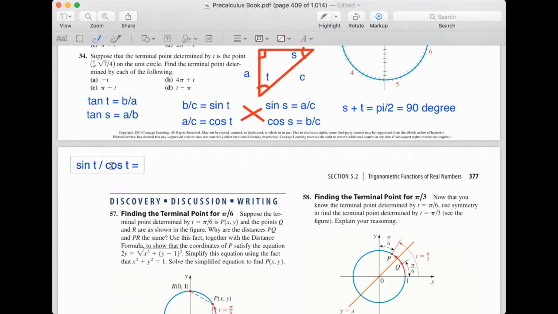Sine t is b over c, divided by cosine t, which is a over c. How do we divide two fractions? We keep the first fraction, then we change the division into multiplication. We flip the second fraction, a over c, taking its reciprocal, which is c over a.